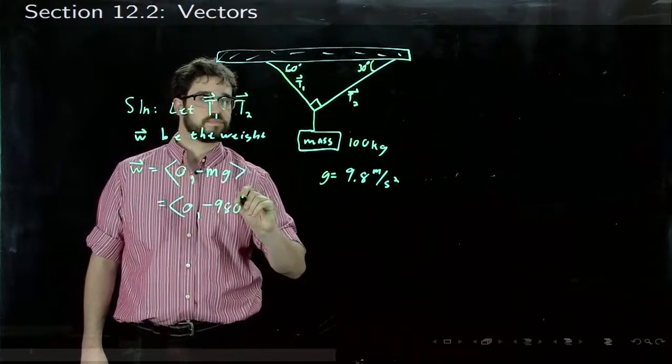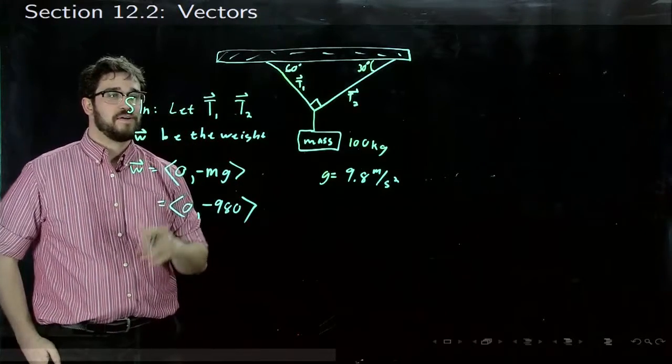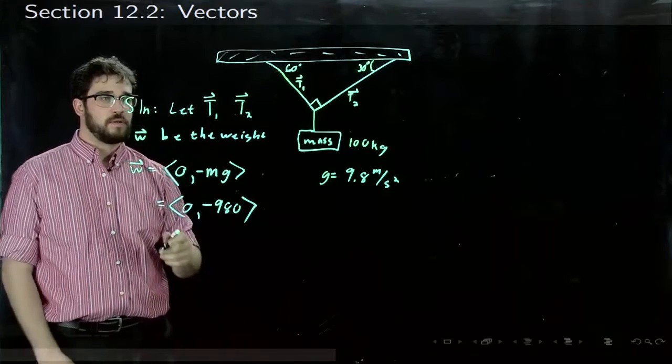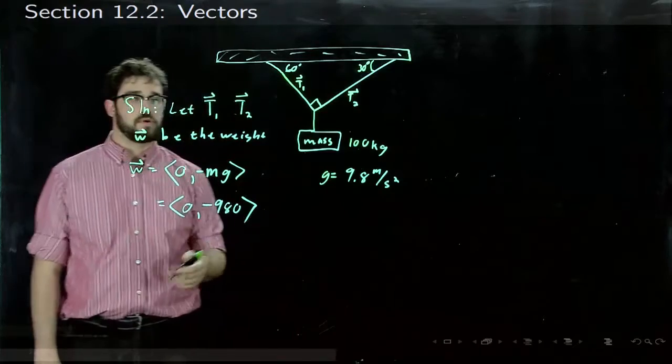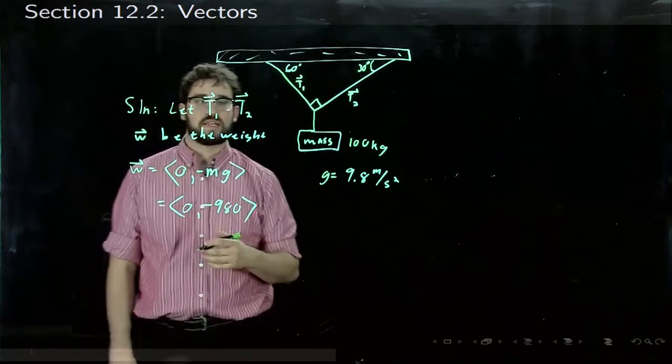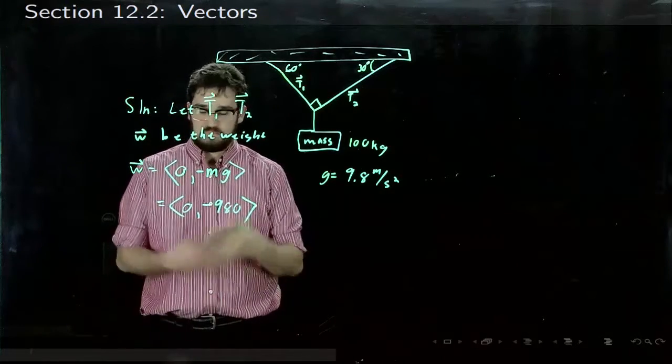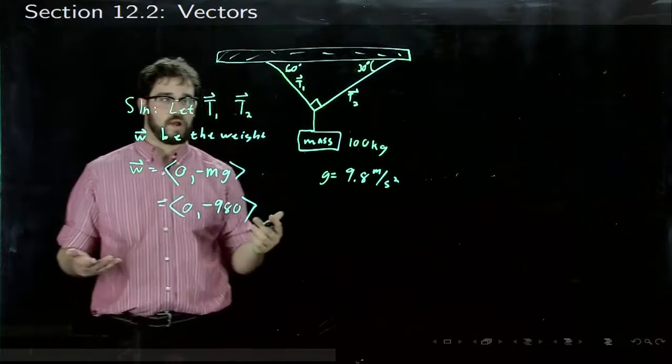980. By Newton's third law, we know that if this is stable, the sum of T1 and T2 and W must equal 0, since the weight is not moving at all. Correct?